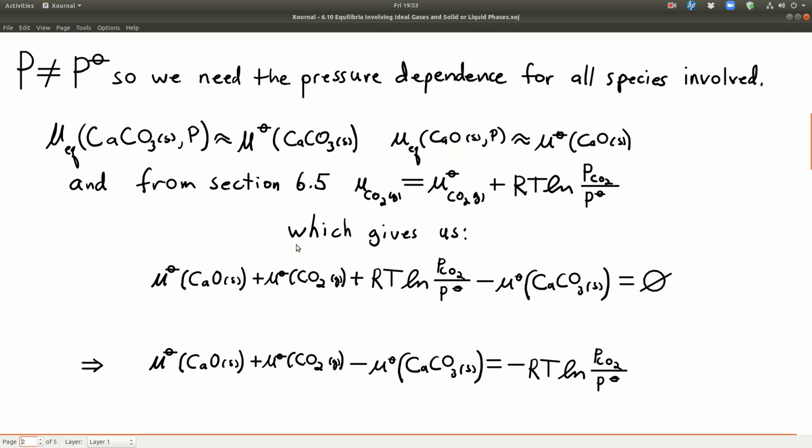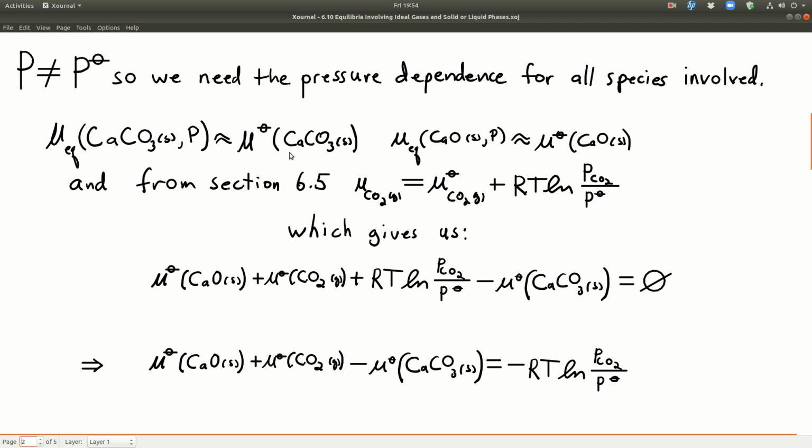The pressure will not be the standard pressure of 1 bar, so that means we need to incorporate the pressure dependence of everything involved. But we know that the chemical potential at equilibrium of calcium carbonate solid at that pressure is going to be very, very close to the chemical potential under standard conditions of calcium carbonate.